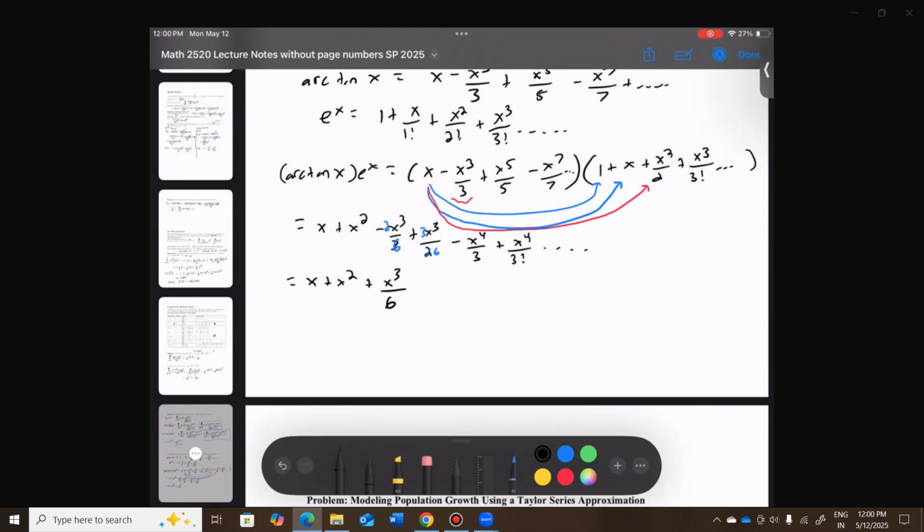And then here, 3 factorial is 6, and this will be 2/6. And so we'll end up with negative 2 minus 1, which would be a minus x to the 4th over 6. And so these are the first 4 terms.